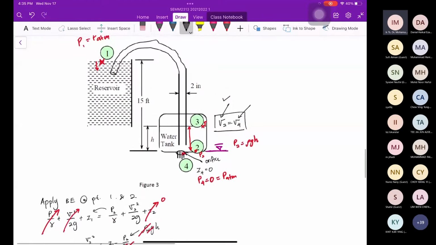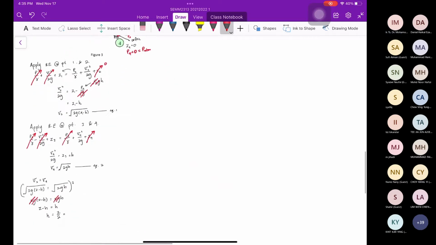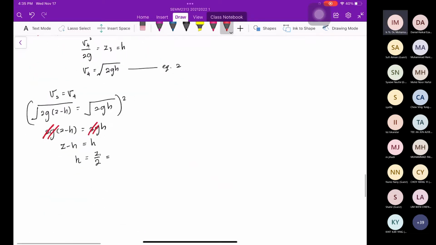Where is Z1? This is Z1, from the reference line to the top of 1. Z1 equal to 15. Thus, 15 divided by 2 is 7.5 feet.